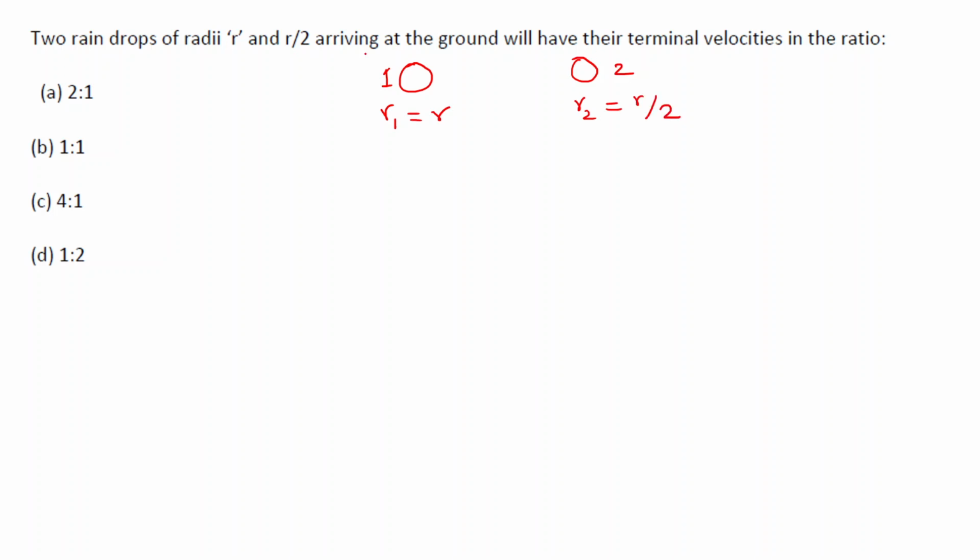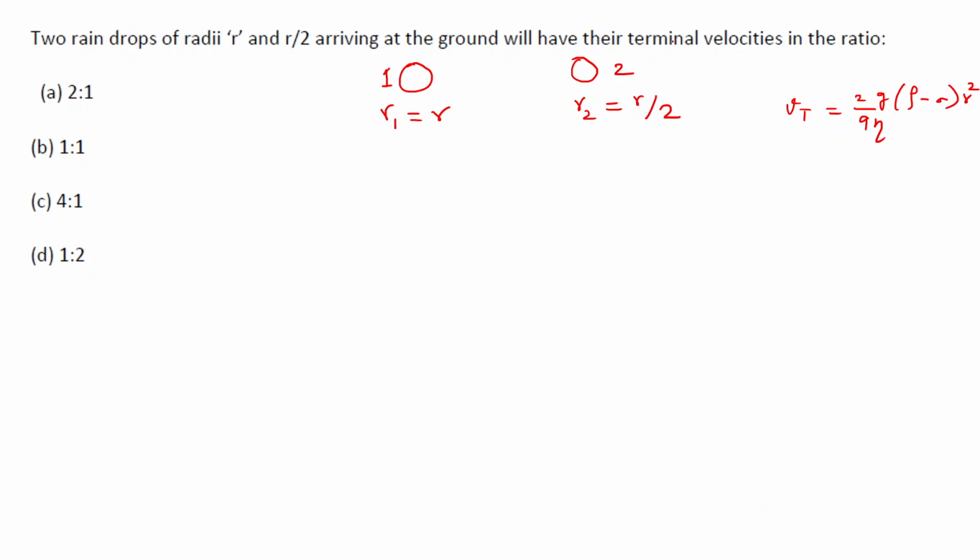It seems they are made up of the same material and everything. Again, what is the formula for terminal velocity? It is given by 2 by 9 eta. In numerator we have g, then density of body minus density of liquid, and r square. This is the expression of terminal velocity.